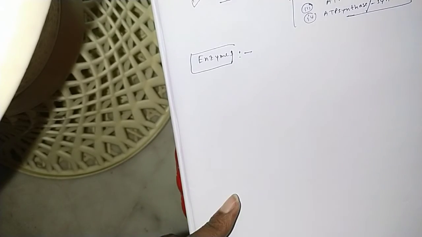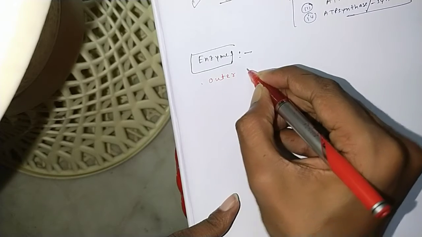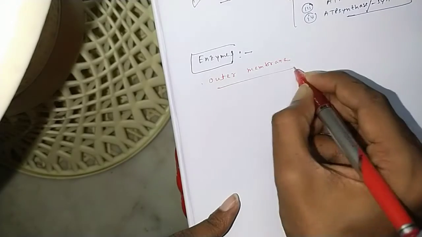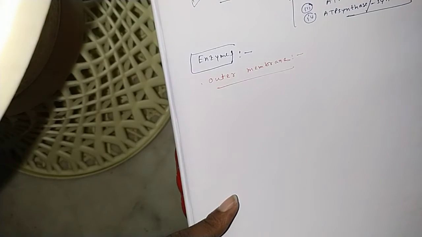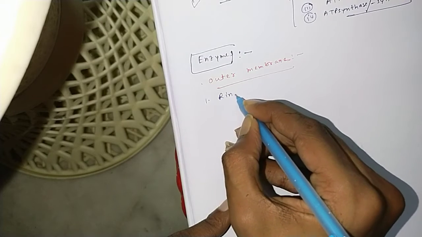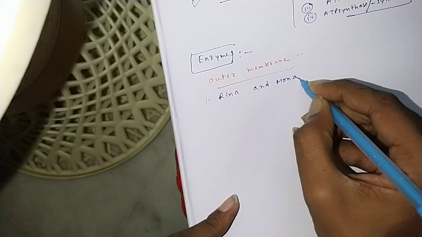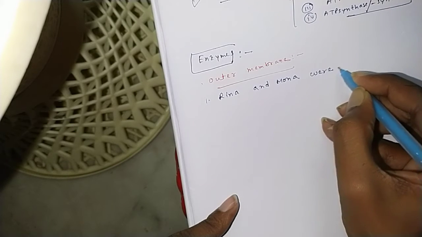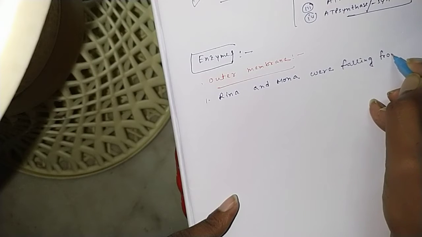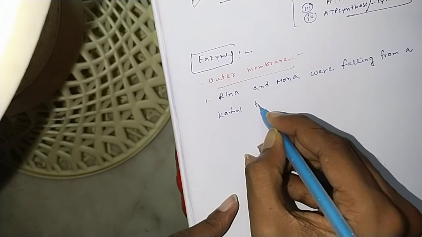First of all, let us talk about the enzymes that are present in the outer membrane of mitochondria. For this, let us imagine that two friends, Rina and Mona, were falling from a couple tree.